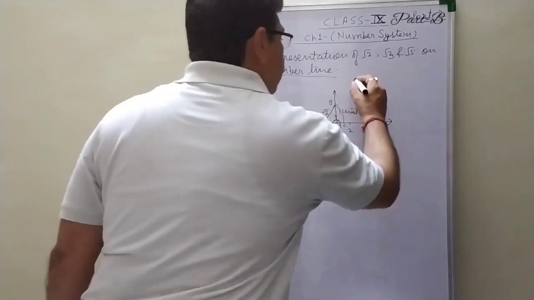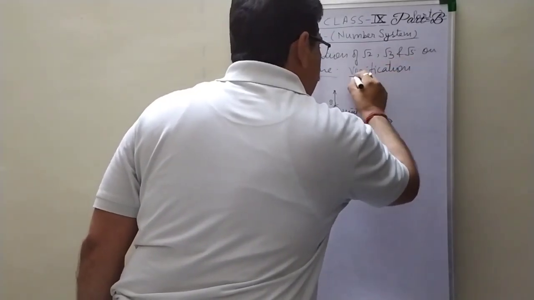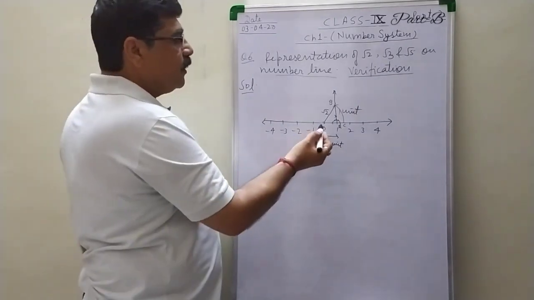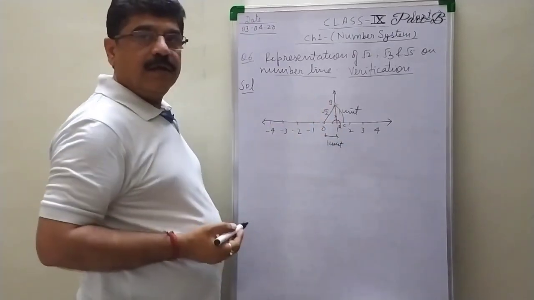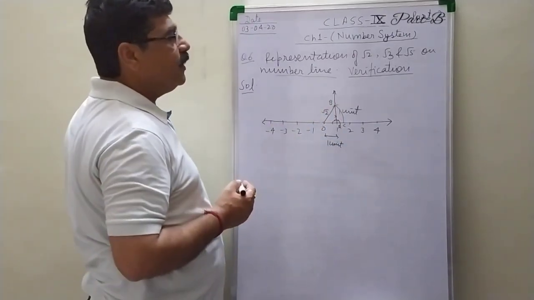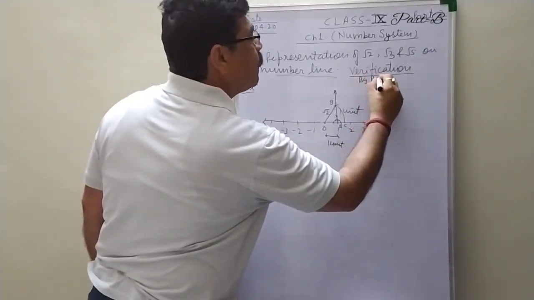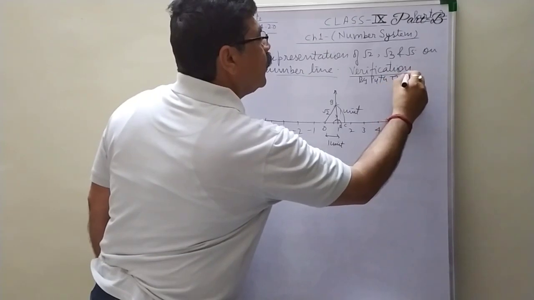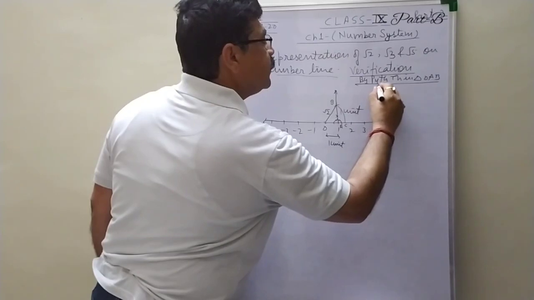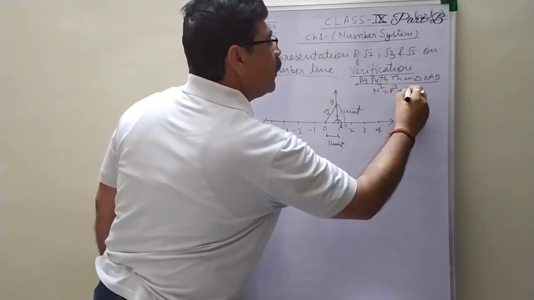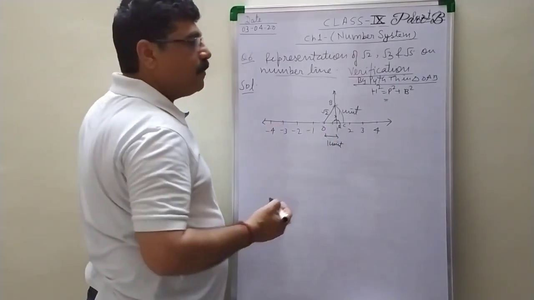Now verification. Clearly, this angle is 90 degrees, so triangle OAB is a right angle triangle. Now we use the Pythagoras theorem. In triangle OAB, as we know that h square is equal to p square plus b square, and the side opposite the 90 degree angle is called the hypotenuse.